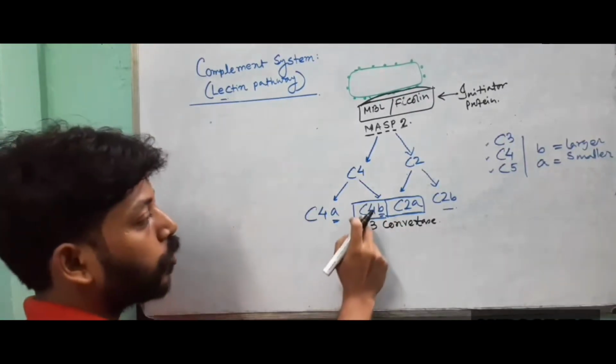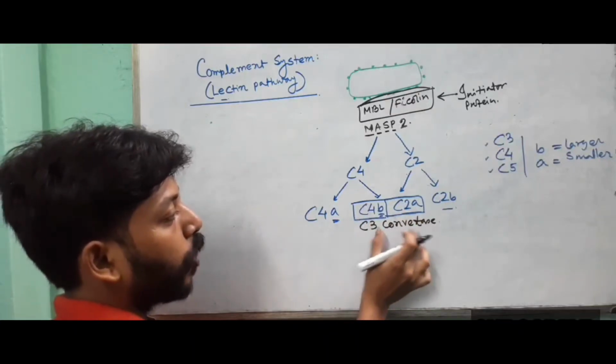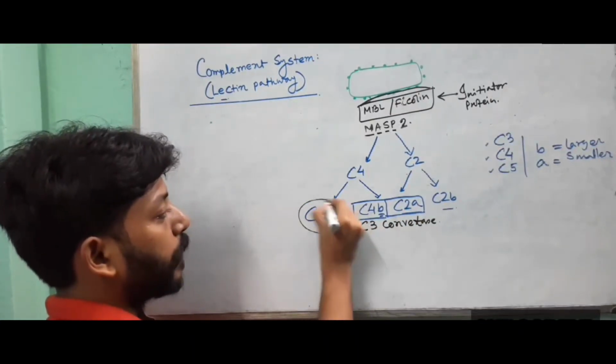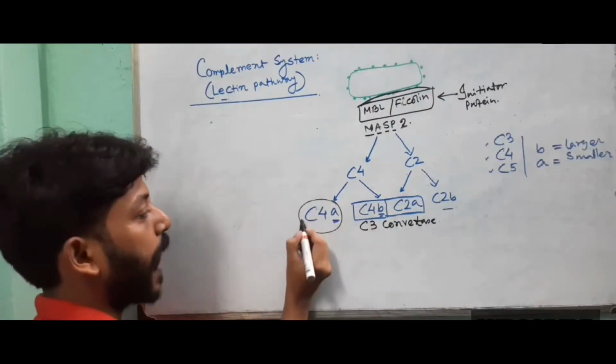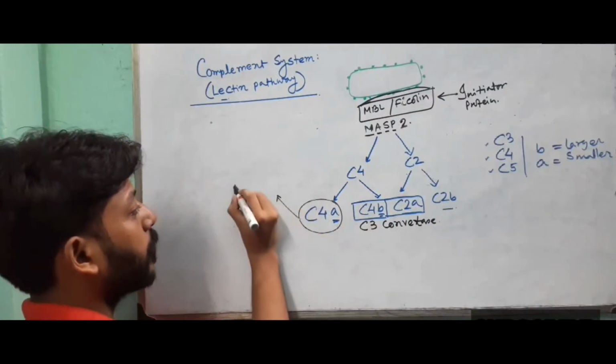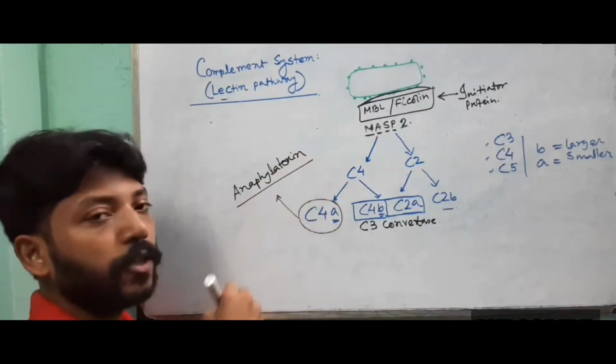In my previous class I mentioned that C4a, the smaller fragment of the complement protein, acts as an anaphylatoxin. Anaphylatoxin means a chemical that can induce inflammation.